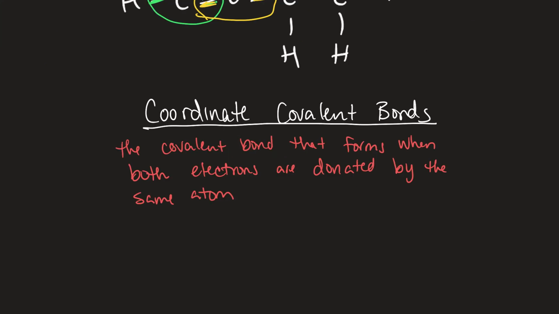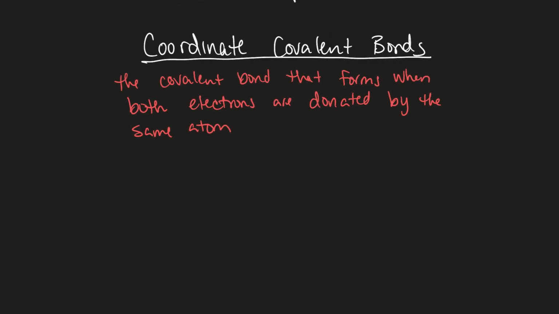Now we also have something called coordinate covalent bonds. Coordinate covalent bonds are basically covalent bonds that are formed when both electrons are donated by the same atom. What do I mean by that? For example, let's say we have BF3.